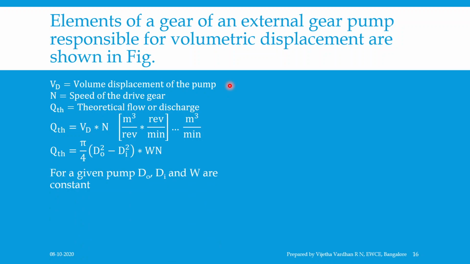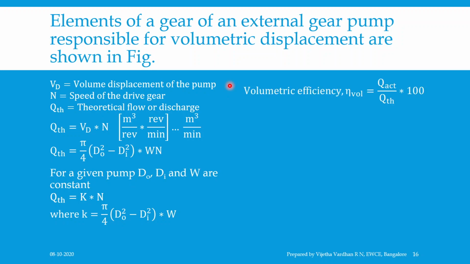For a given pump, since the outer diameter, inner diameter of the gear teeth and the width are constant, QTH will be K into N, where K equals pi by 4 (d0 square minus di square) into W, and the variable is speed N. As the speed increases, the discharge increases. As the speed decreases, the discharge decreases. That is what we understood in the previous slide, that is a linear displacement.